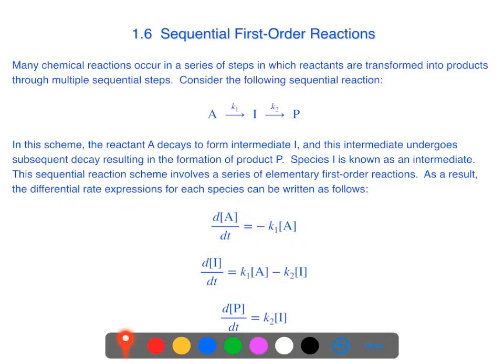When we look at the net rate of change for the concentration of I, so the change in the concentration of the intermediate with time, we now have two terms that we need to express.